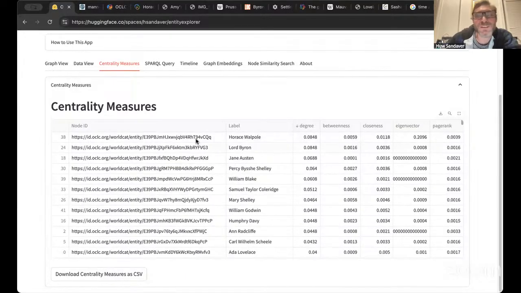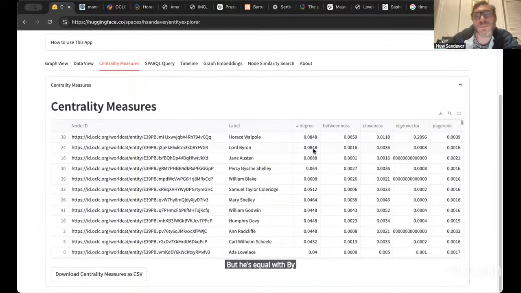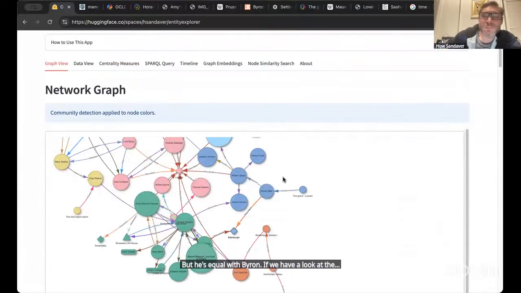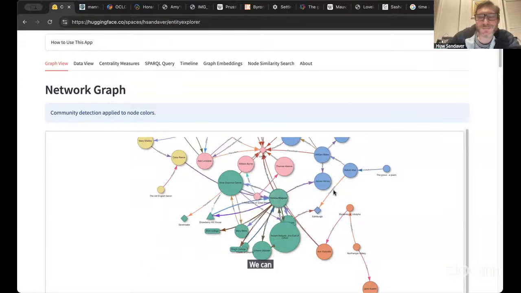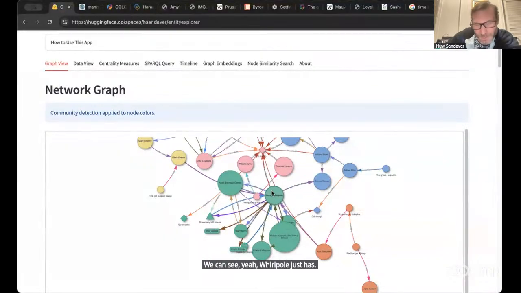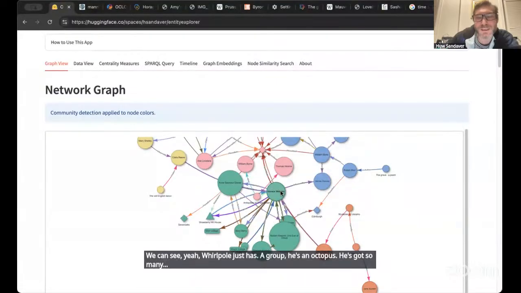And according to the data, yes, it is Horace Walpole, but he's equal with Byron. If we have a look at the visualization again, we can see, yeah, Walpole just has a group. He's an octopus. He's got so many little connections coming out of him.